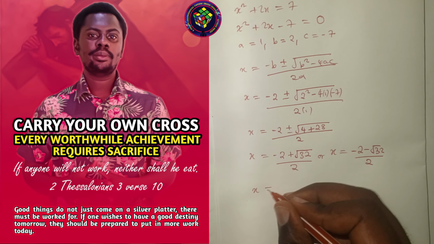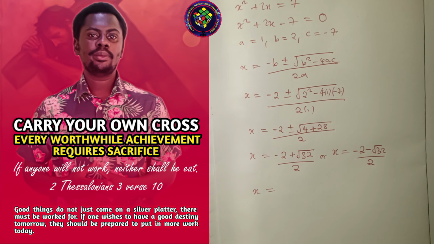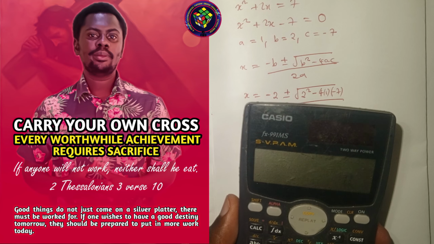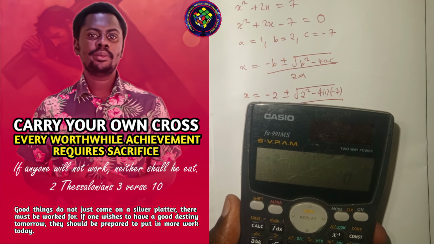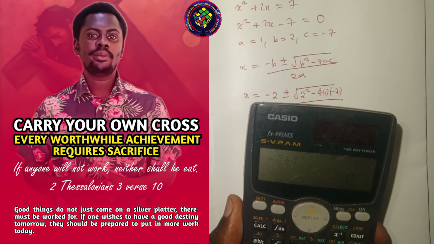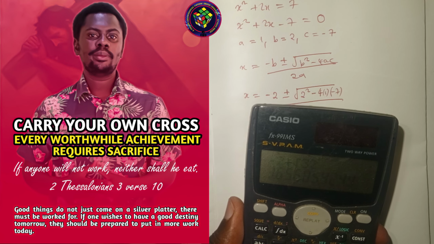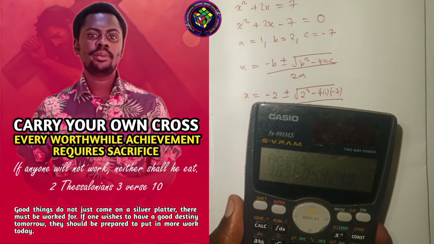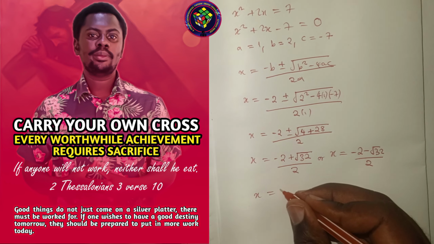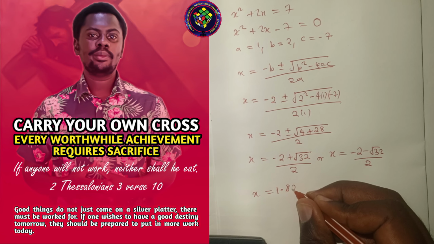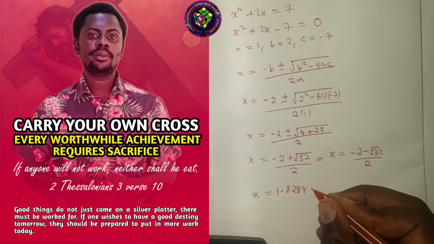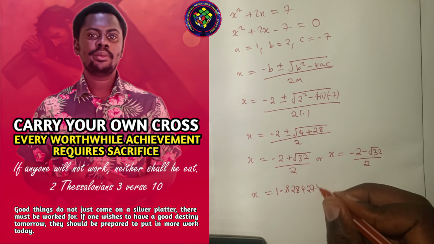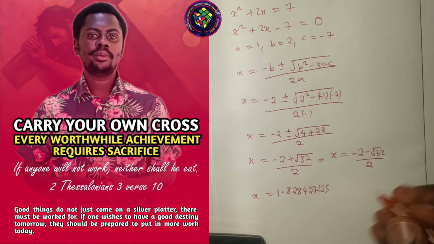So minus 2 plus the square root of 32, then divide by 2, you get 1.8284271225.